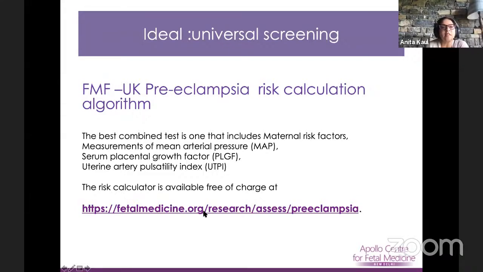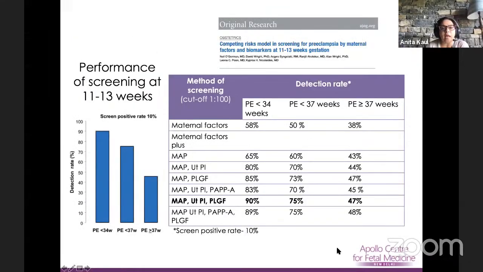Say, for instance, you go to the Fetal Medicine. Sorry, I don't know what happened. Say, for instance, you decide, and no one is forcing you, that you must do preeclampsia screening in a certain way.